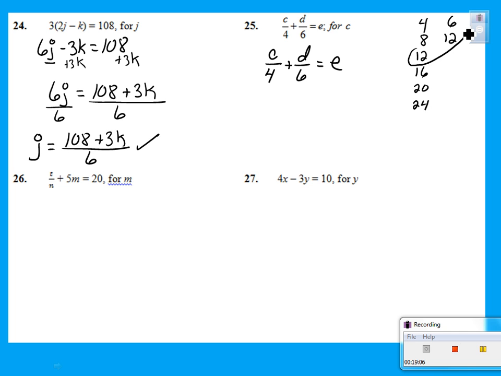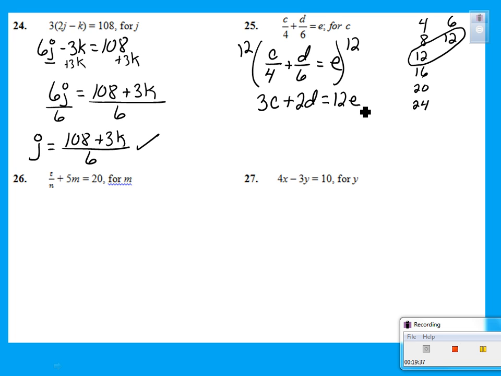The first number we say in common is 12. That's my least common denominator. So I'm going to multiply both sides by 12. And then it goes like this: 12 divided by 4 is 3, 3 times c is 3c, plus 12 divided by 6 is 2, times d is 2d. Equal, there's no fraction here to reduce, so it's just 12e.